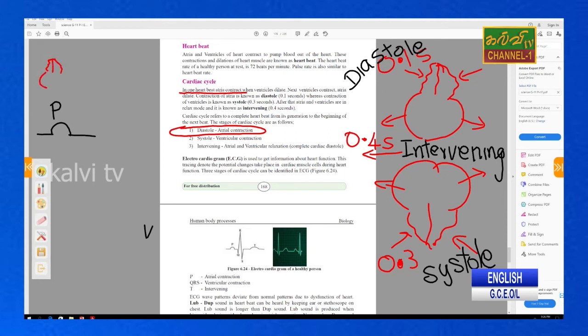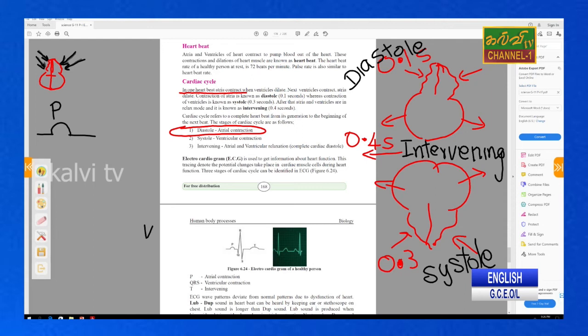The heart has four chambers. When the atrial contracts, what happens? This is called P. We already studied that it takes 0.1 second, right? So contraction of atria is known as diastole.